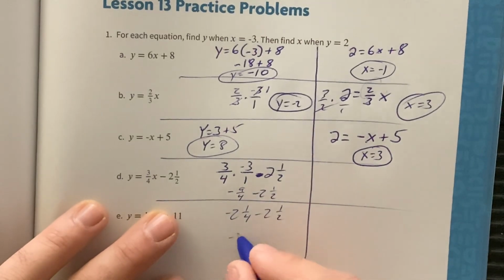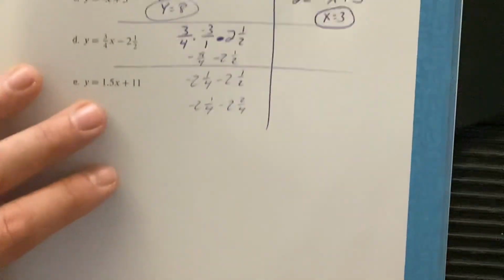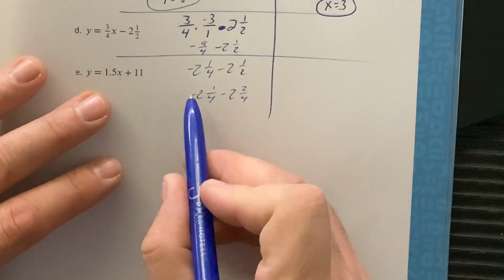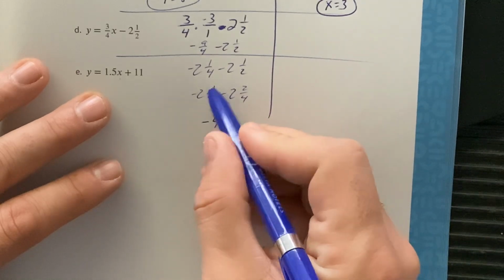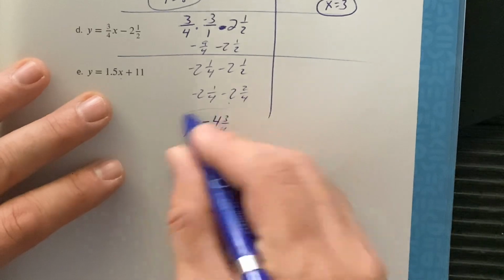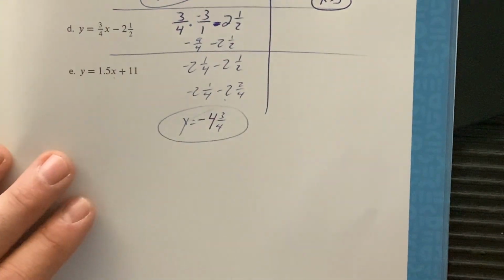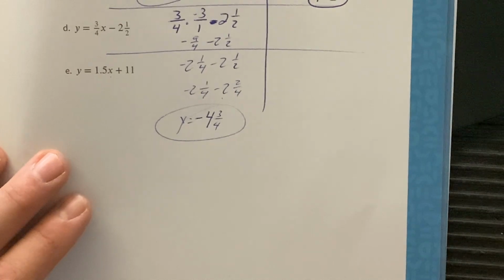Common denominator, would need a 4. All right, now we should be able to get there. So -2 minus another 2 would be -4. A 1/4 and another 2/4 would be 3/4. -4 3/4, or 19/4 if you did it as an improper fraction.